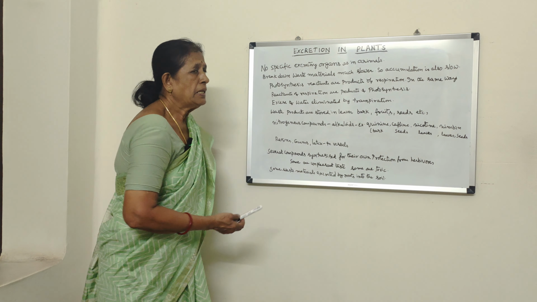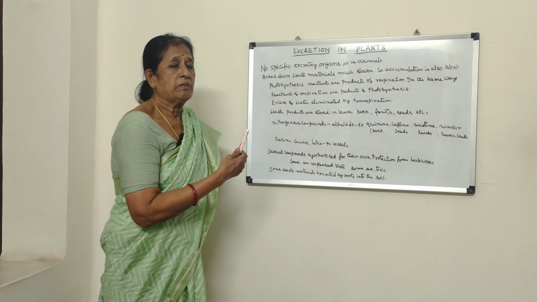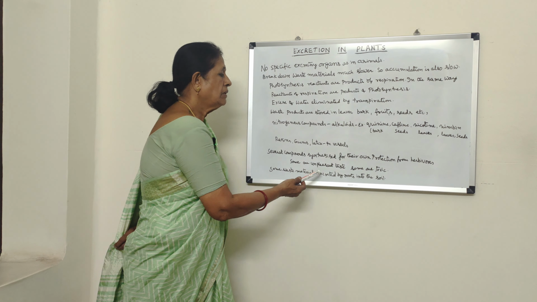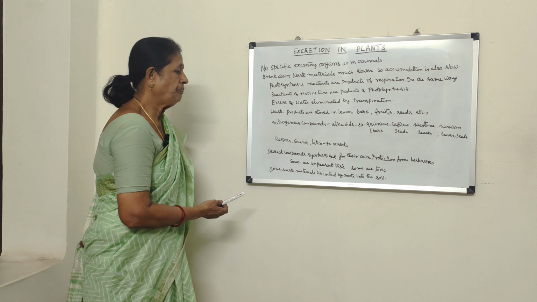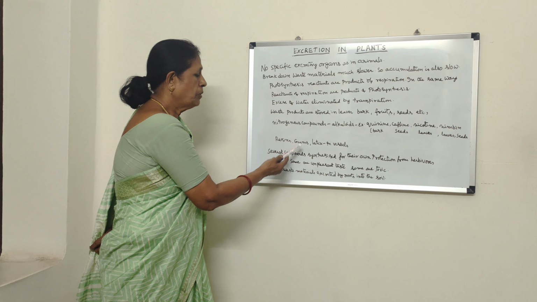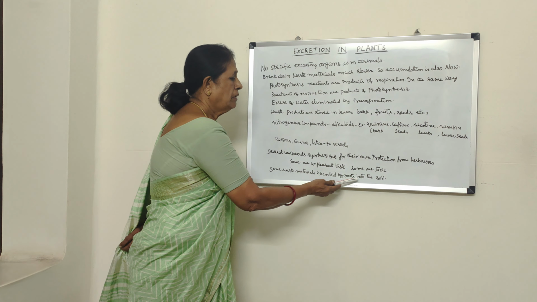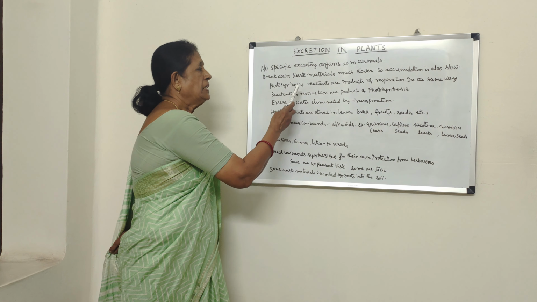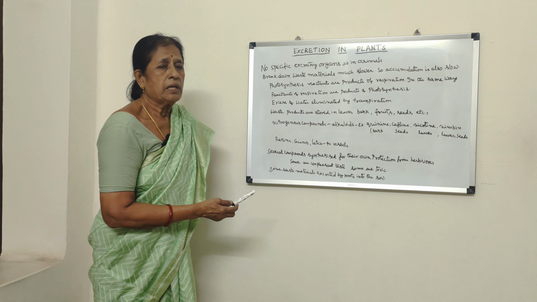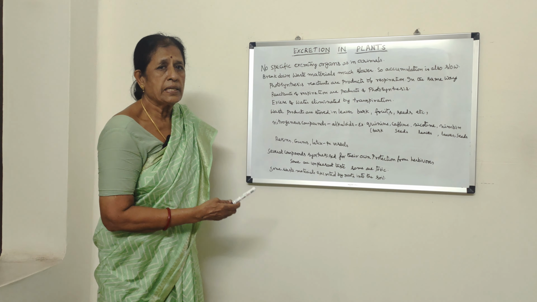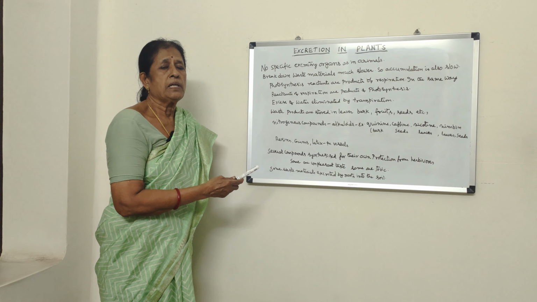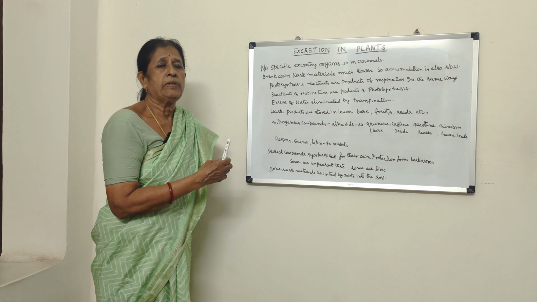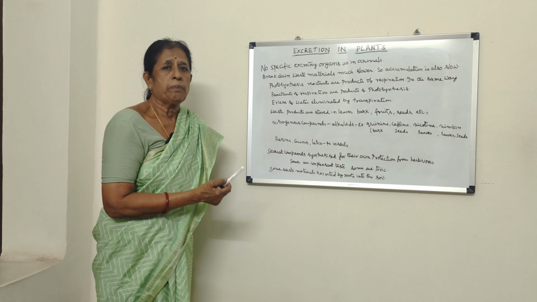So in this way, plants excrete waste materials in different forms. And some roots of the plants also excrete waste materials into the soil. In this way, though plants have no special excretory organs, they excrete various metabolic byproducts.